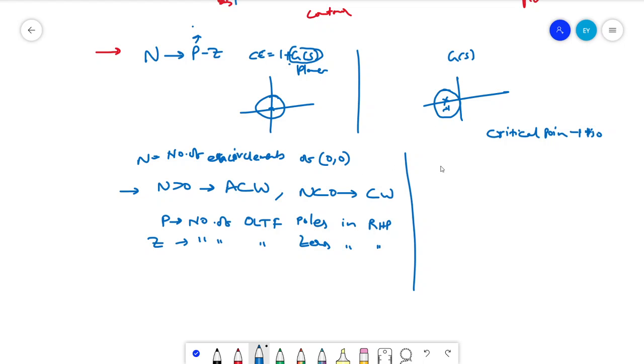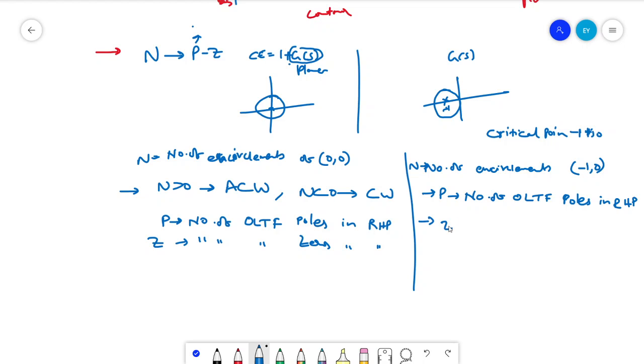Okay, in this case, the number of encirclements, n, will be the number of encirclements with respect to minus 1 comma 0, and P will be the number of open loop transfer function poles in the RH plane, right hand side plane.